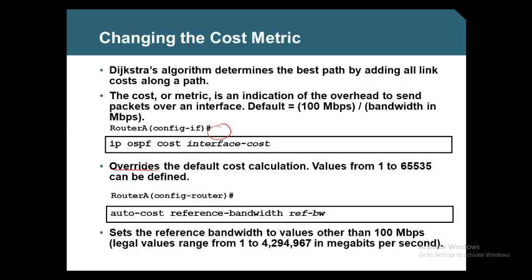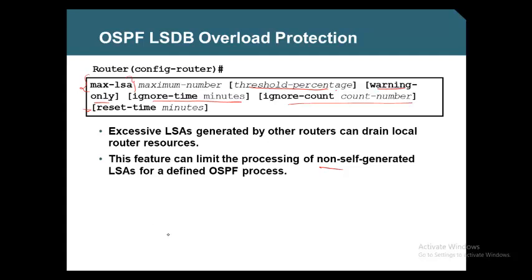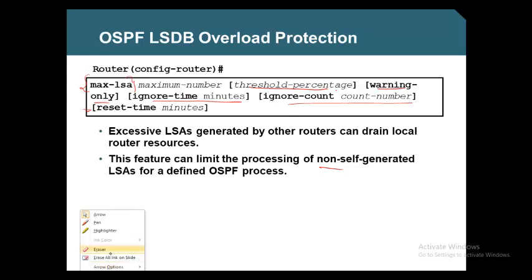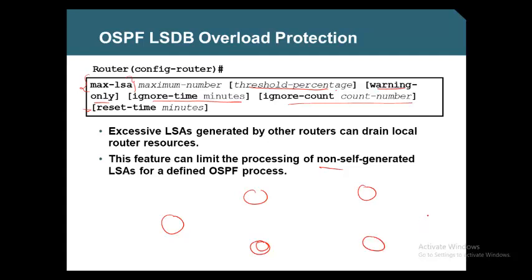Okay, now let's see how the auto cost works, how the cost is automatically calculated. Let me draw this picture here. Let us say this is Ethernet and this is Fast Ethernet.